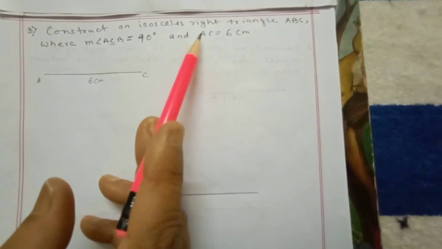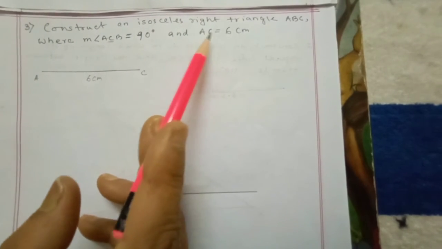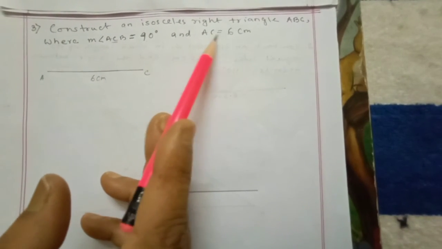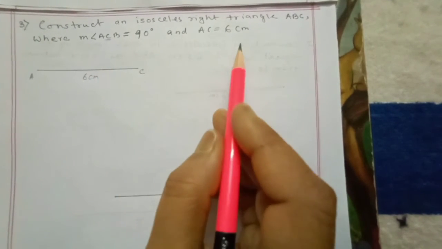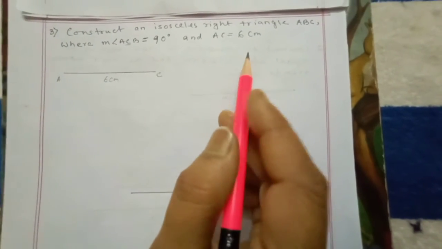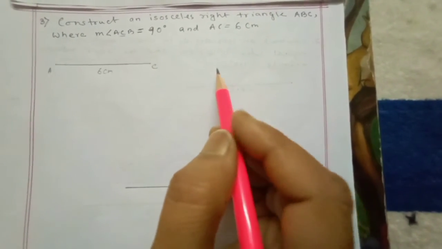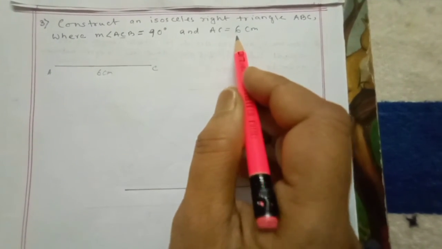As it is an isosceles right triangle, that means the two legs holding the right angle will be 6 centimeter. Understood? Because the hypotenuse is always the longest side, the two legs holding this right angle will be 6 centimeter each.